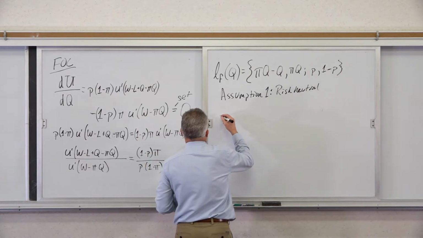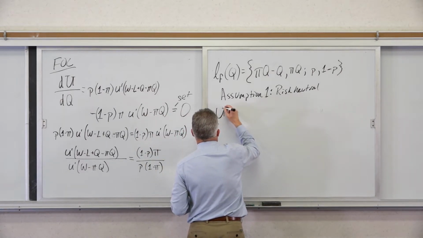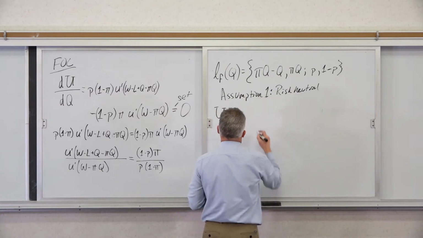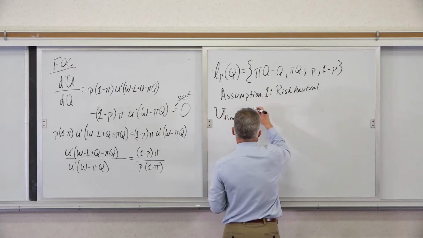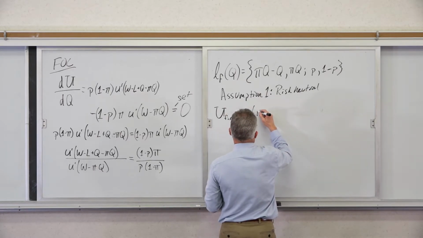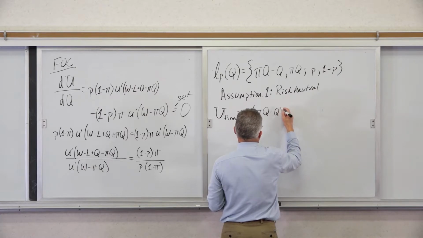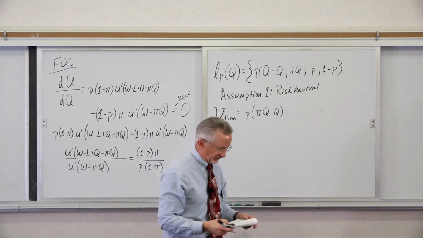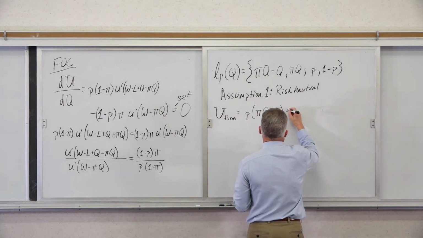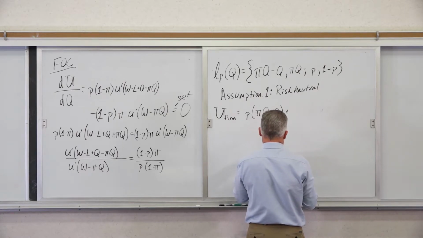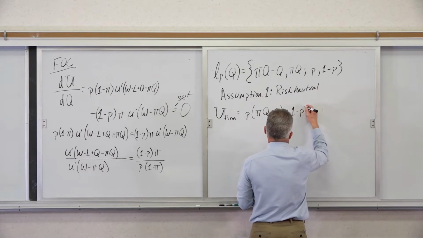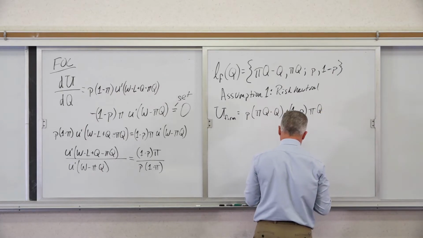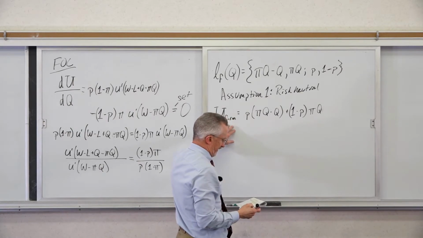Therefore, the utility for the firm will be given by, we will simply say P times pi Q minus Q. So we can just treat them as if they are expected wealth maximizers, because they won't have any diminishing or increasing marginal utility of income. It's constant. And then pi Q. Okay, so there's their utility function.